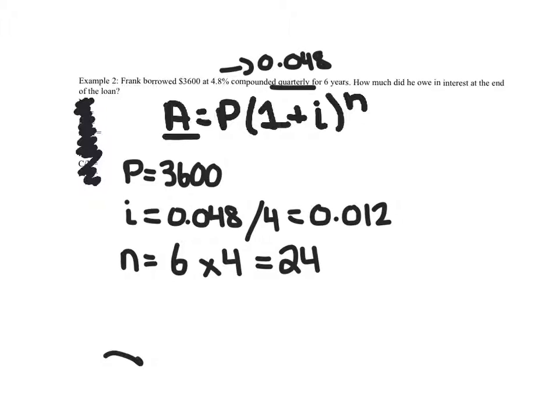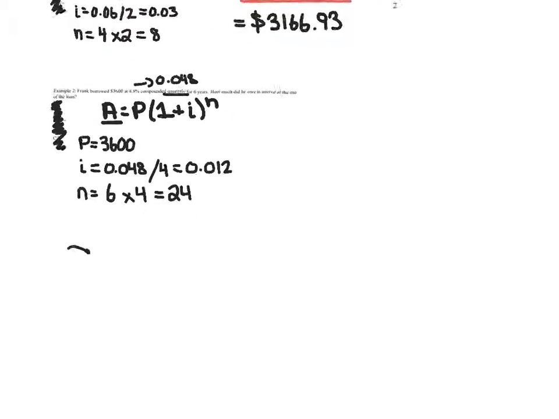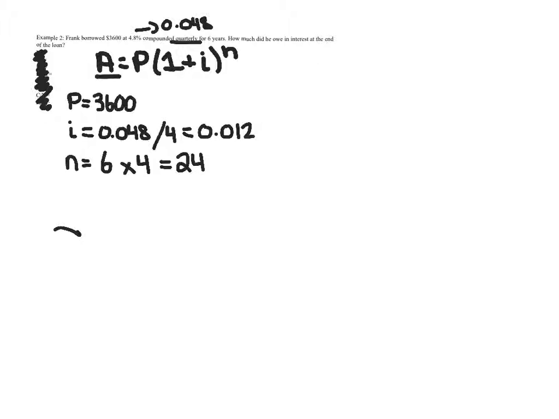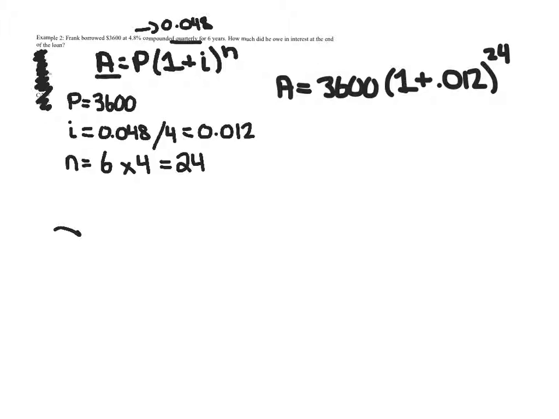Now we would plug that information into our formula. So we get A equals 3,600 times (1 plus 0.012) to the exponent of 24. Again, when we go about solving this, add, then take the exponent of 24, then multiply.